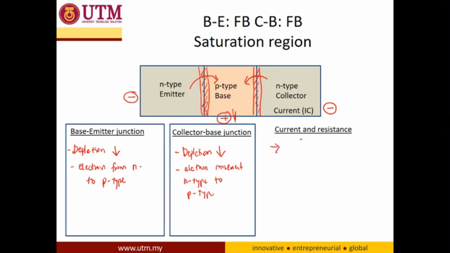So we can observe the rapid increase of current.